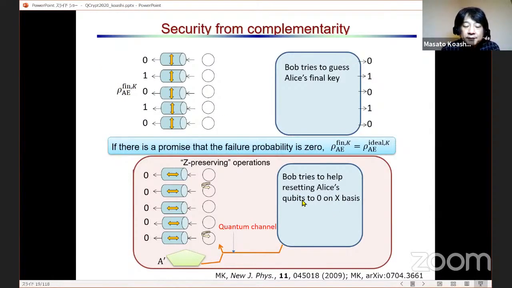If you are familiar with a state called the gamma state or shield, then this operation here is a kind of rewinding or unlocking the shield to recover the maximally entangled state. So this is the most general description of having a perfect secret key.